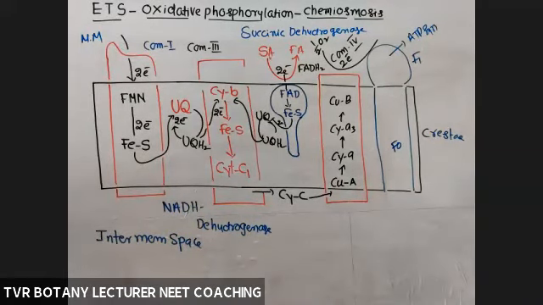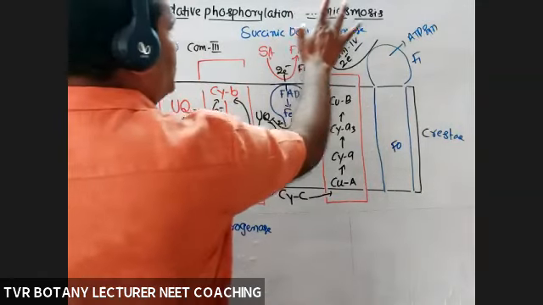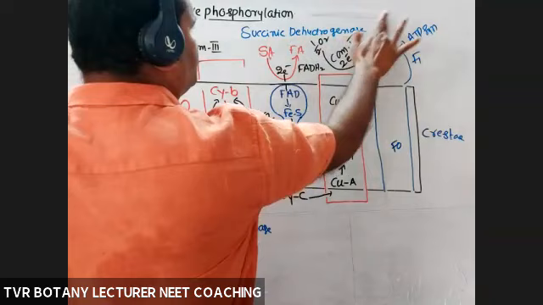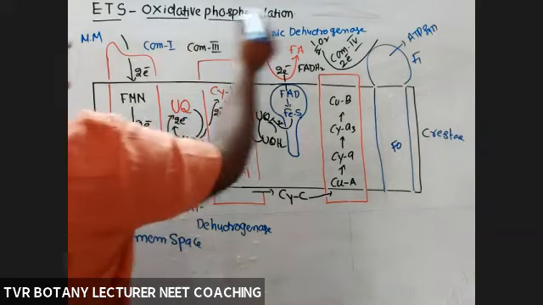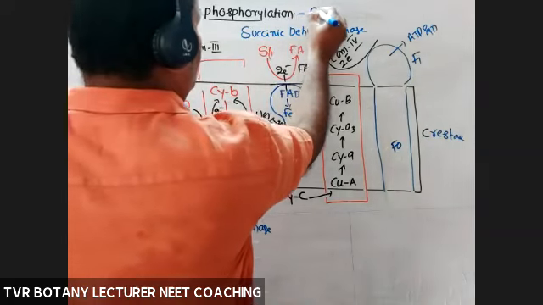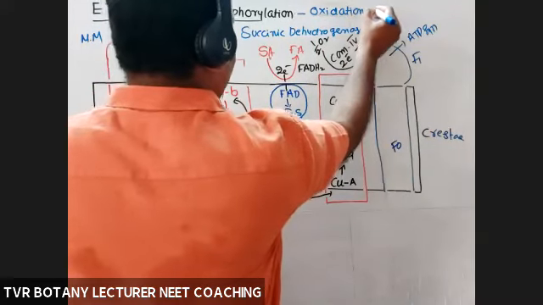Okay, is it clear? So now we are going to study oxidation of NADH. What about the total number of NADH available? 10 molecules. Okay, so ETS accounts for oxidation of NADH.